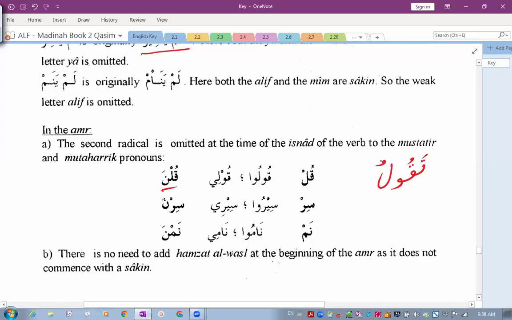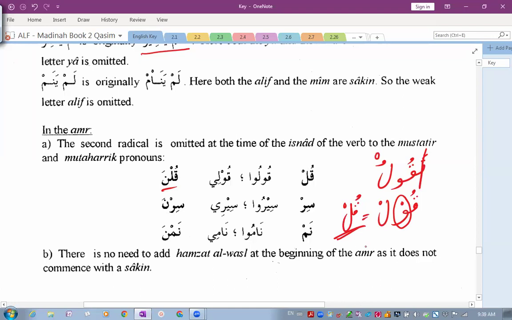From there, we want to make fi'l amr. So we drop the ta with the fatha. We put a sakoon at the end. We are left with kul with a waw. We have iltiqa'u sakinain. Waw with the sakoon has to drop. So we are left with kul. Yeah, so kul ya ayyuhal kafirun, kul huwallahu ahad, all of that.